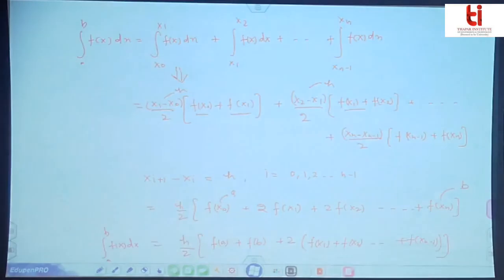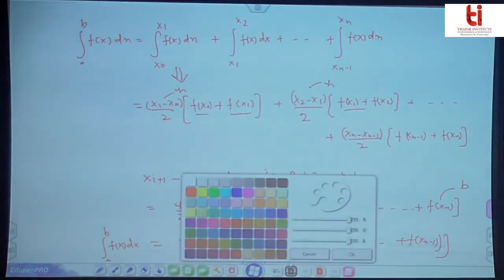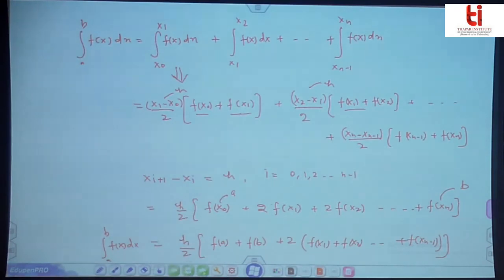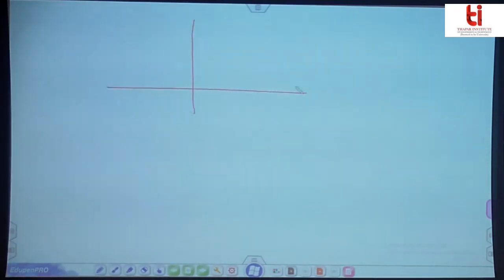If we want to explain it graphically, what is happening? This is your function f(x), this is the point A, this is the point B. Then we are dividing this interval into sub-intervals.